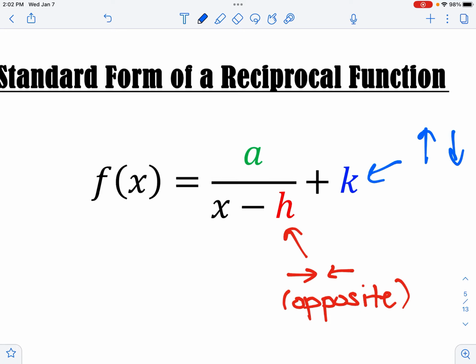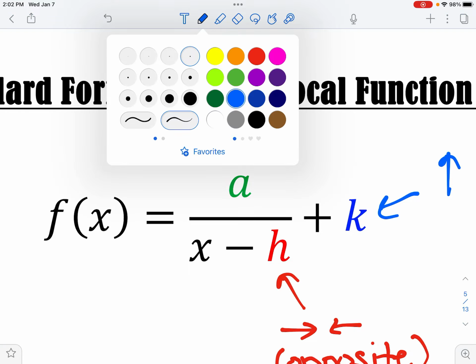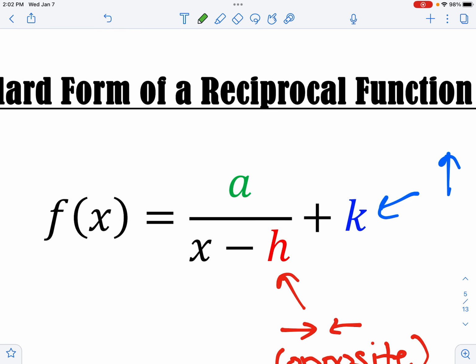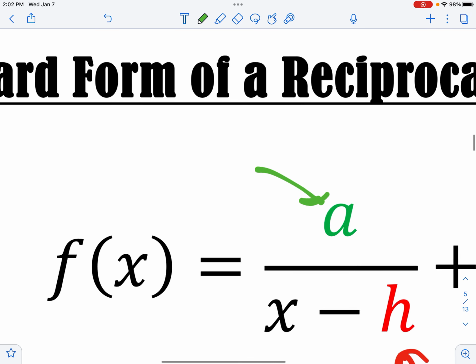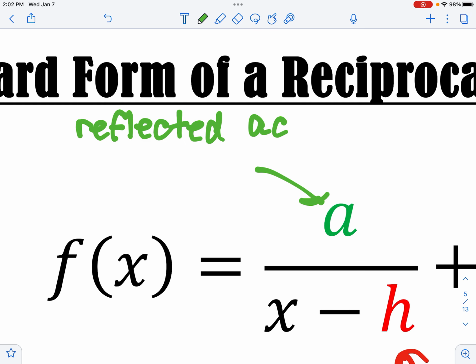And then the a value still does reflections across the x-axis.